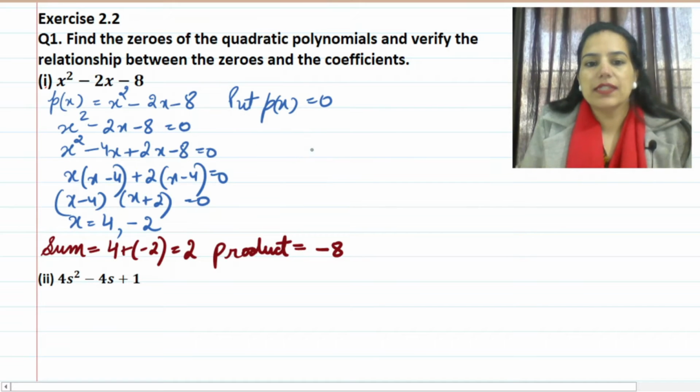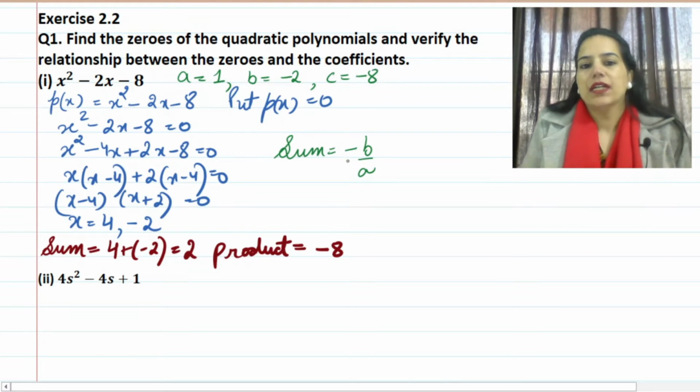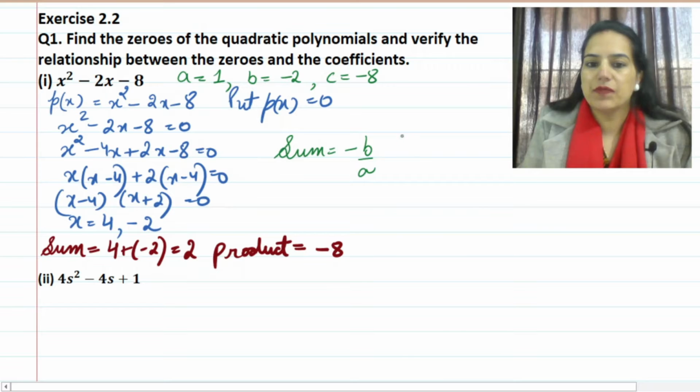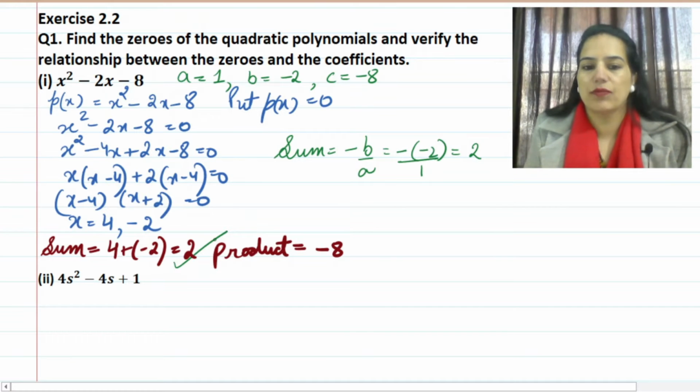Sum is equal to minus b by a. Now what is a, b, c in the given expression? a is 1, b is minus 2 and c is minus 8. So minus b by a is minus of minus 2 by 1, which is plus 2, and this is what we got by adding them already.